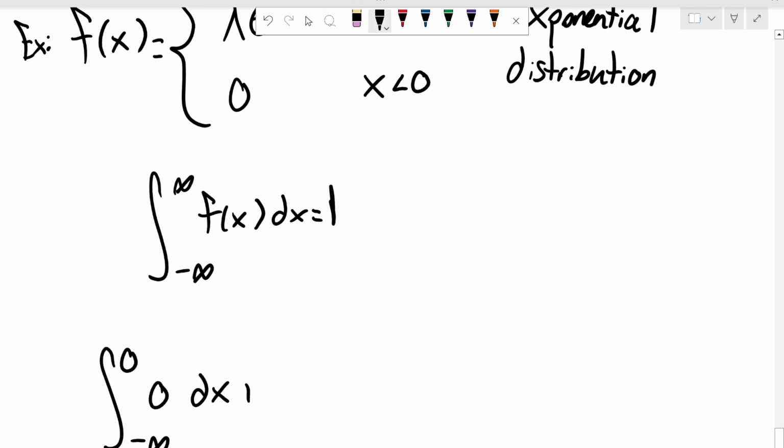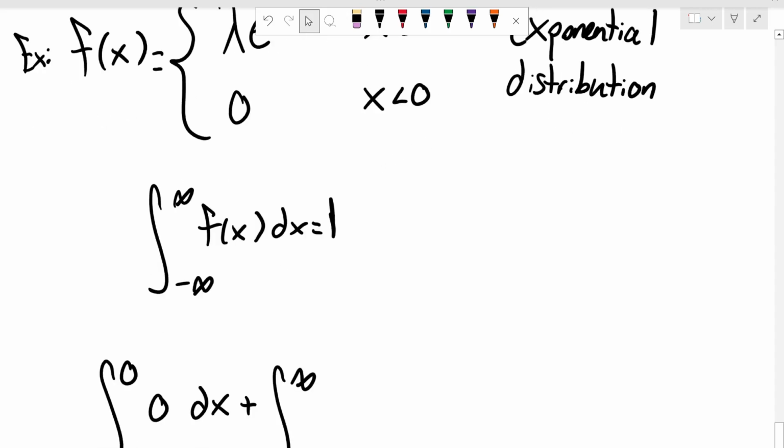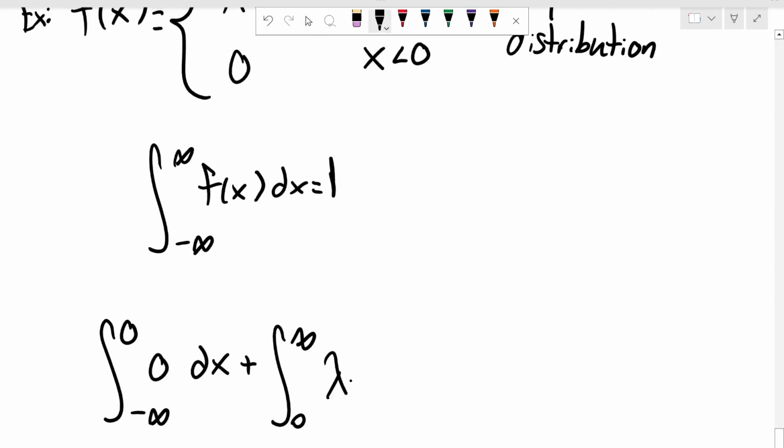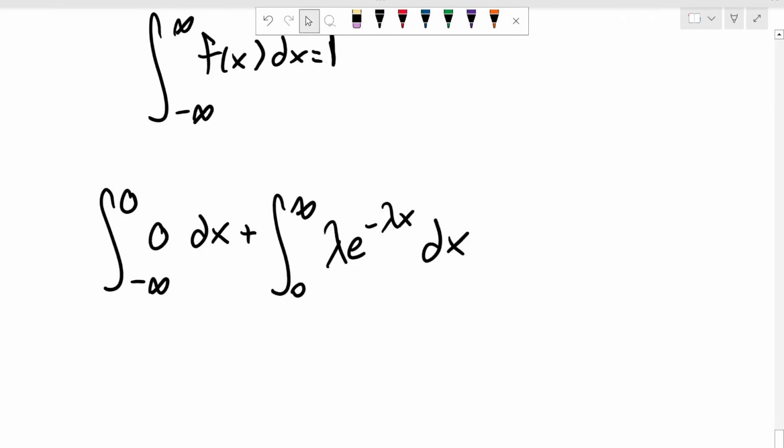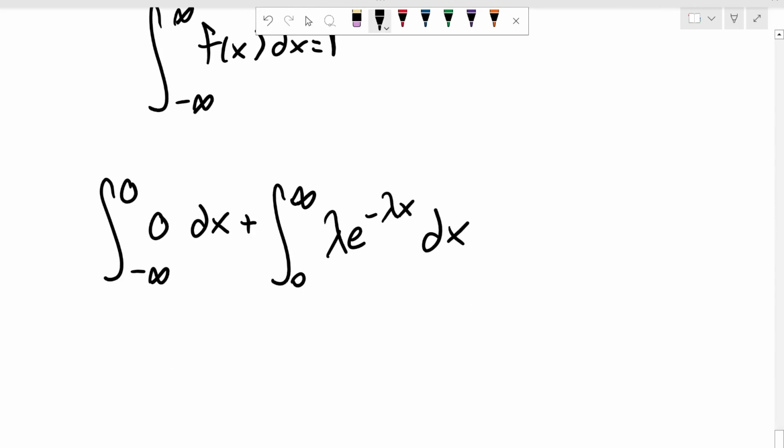Plus 0 to infinity of lambda e to the negative lambda x dx. This part right here, the integral of 0, the antiderivative is going to be 0. So even if you take the bounds and take the limit, it's still going to be 0. So we don't really need to worry about that part.